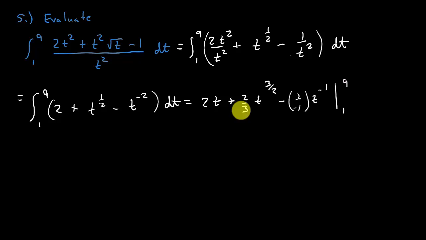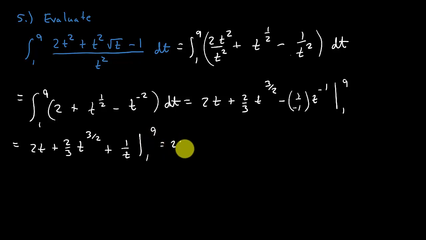All right, so let's clean this up before we plug everything in. That's going to give me 2t plus 2/3 t to the 3/2 plus 1 over t. The two negatives give me the positive, and then I move this back down to the denominator. And so that's from 1 to 9. All right, so now let's start plugging everything in.